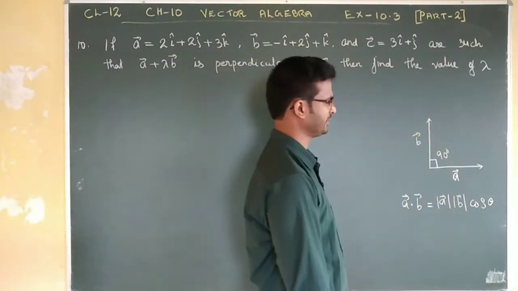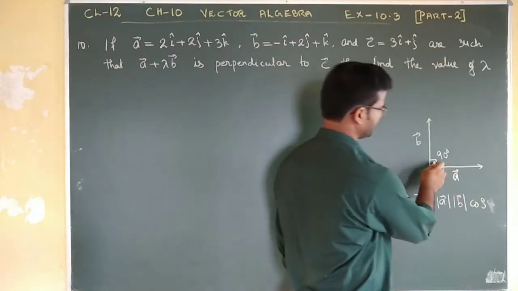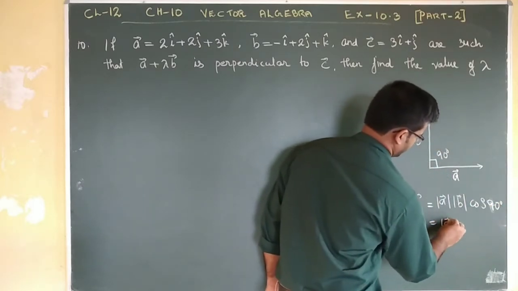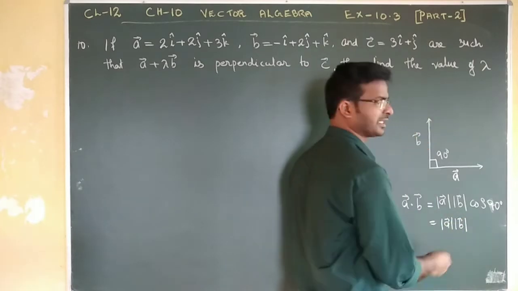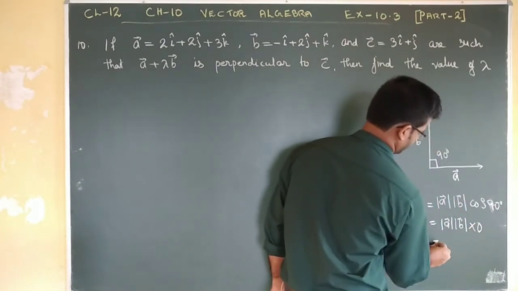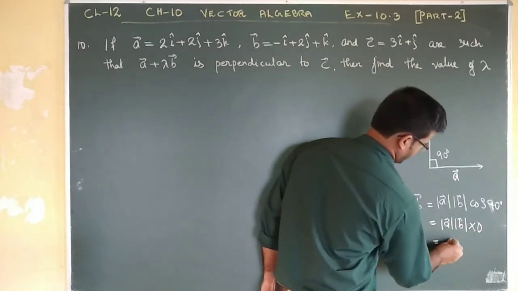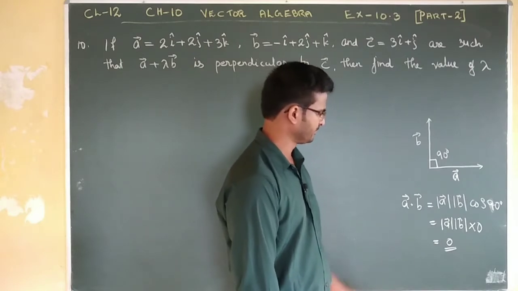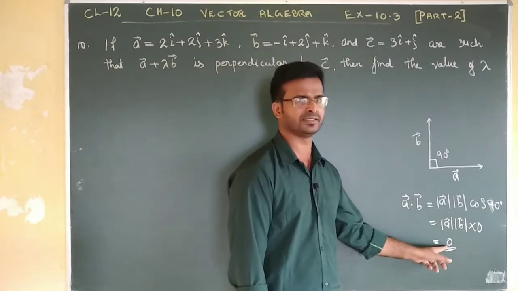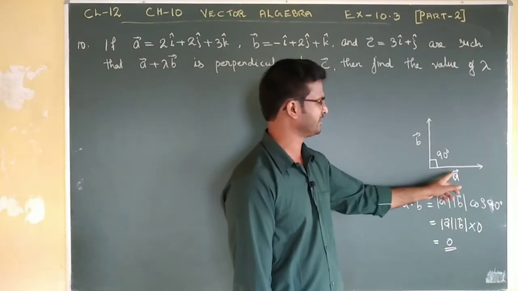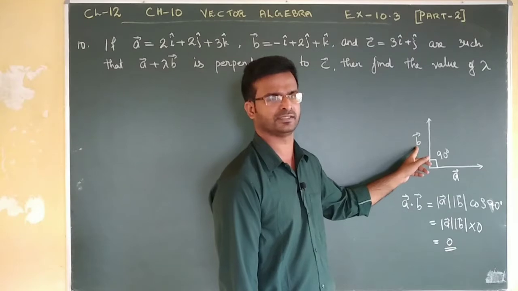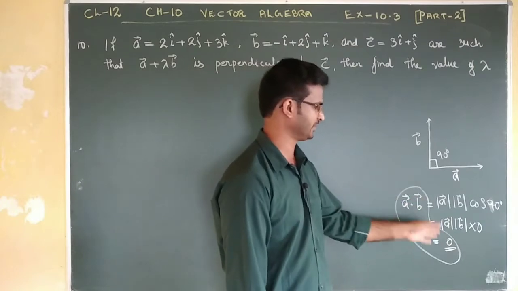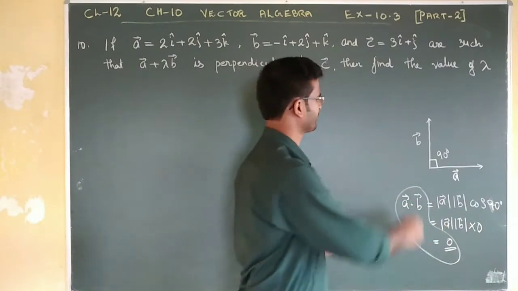Then in this case, theta is 90 degree. Cos 90 value is 0. Then 0 into any number, your answer will be 0. Now we can understand, if a dot b gives answer 0, then a vector and b vector are perpendicular to each other, isn't it? This condition we will use in this question: a vector dot b vector equals 0, the perpendicular condition.